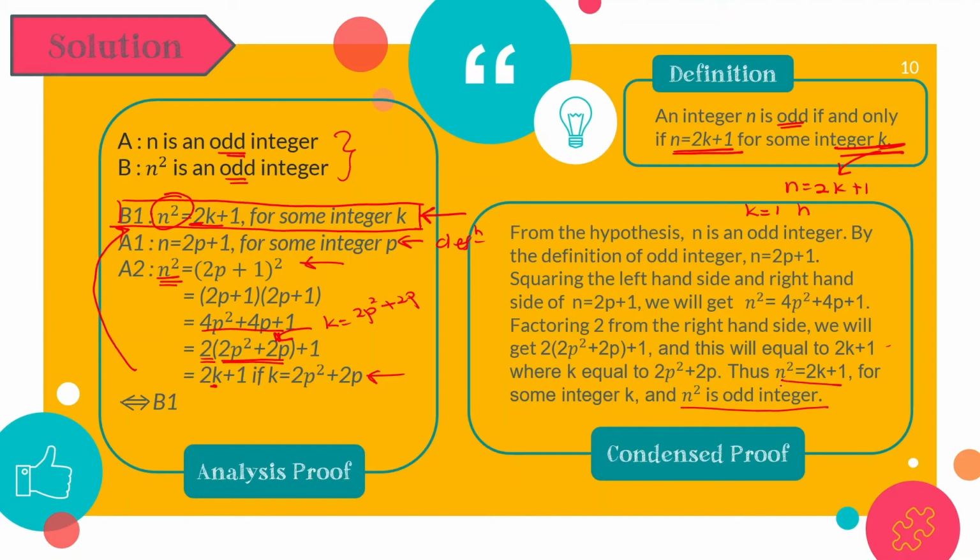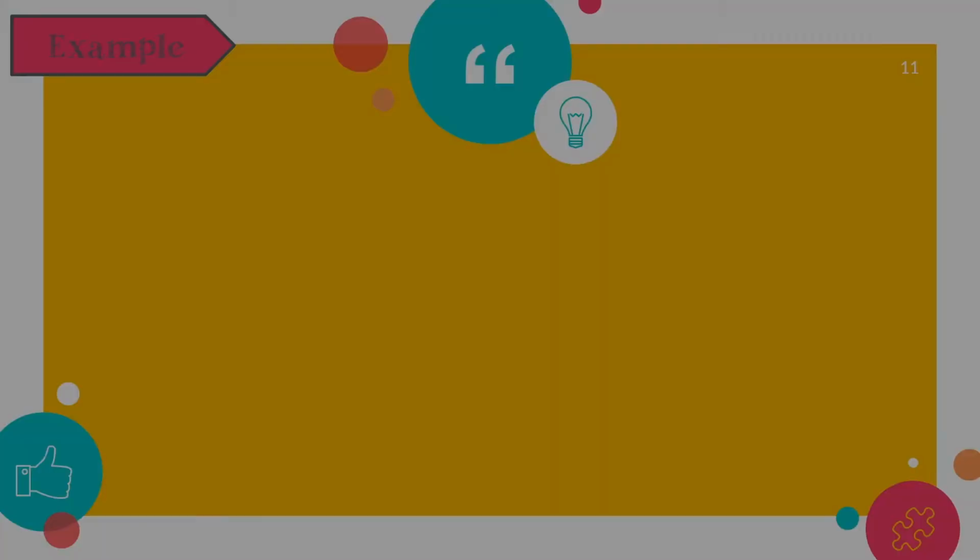When you reach here, this is what you got from B1, and this is the statement from B. So this is your condensed proof. You can write it in your own way for the condensed proof part and the analysis proof.